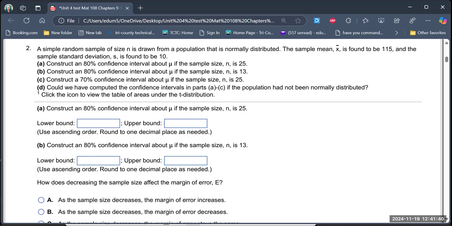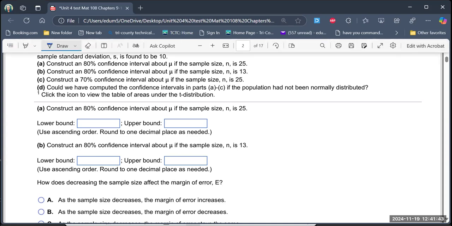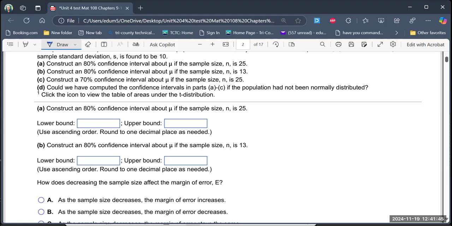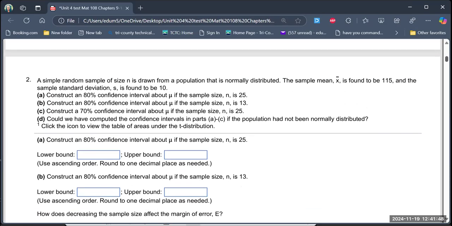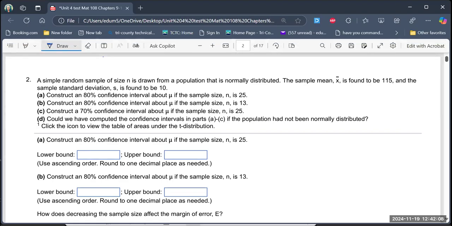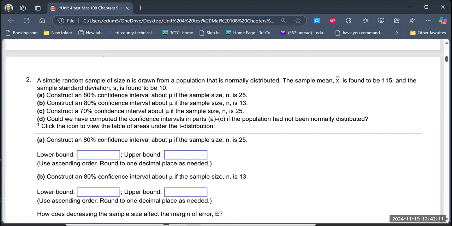Okay, question number two. Let's read this question in this test. I sent it to you, so you have it already. A simple random sample of size n is drawn from a population that is normally distributed. The sample mean for this data, x bar, is found to be 115.